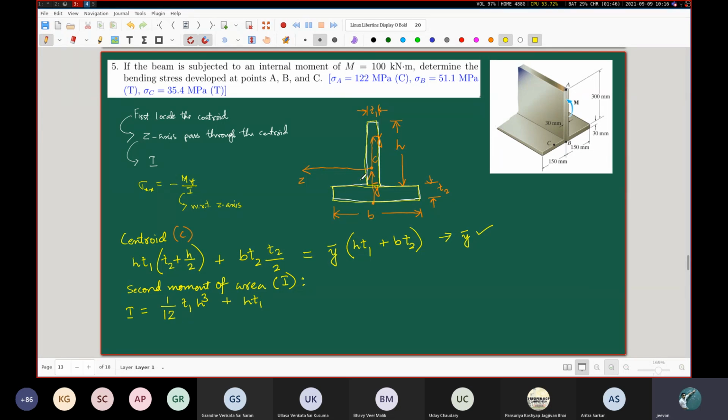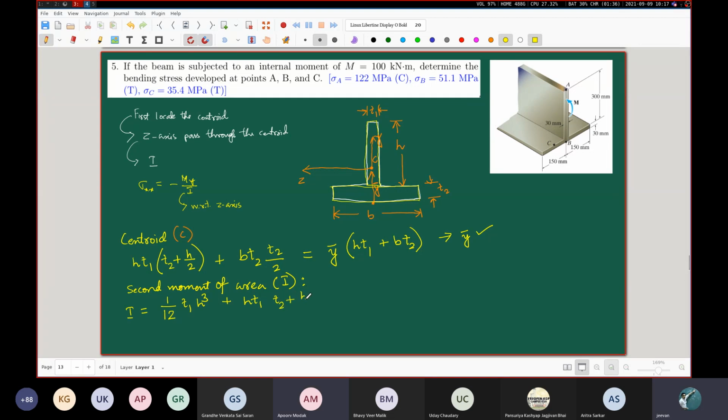So what is the distance between the centroid of this vertical rectangle and the z-axis? T2 plus h by 2 minus y bar.